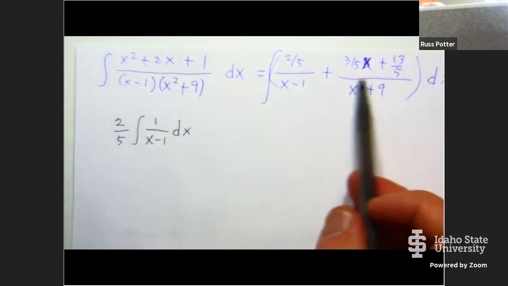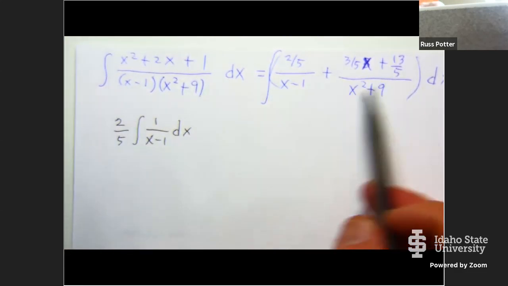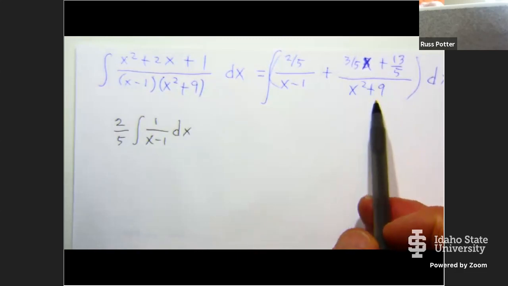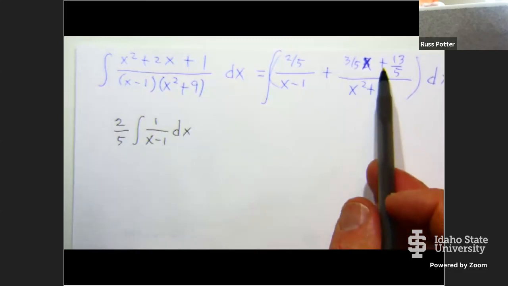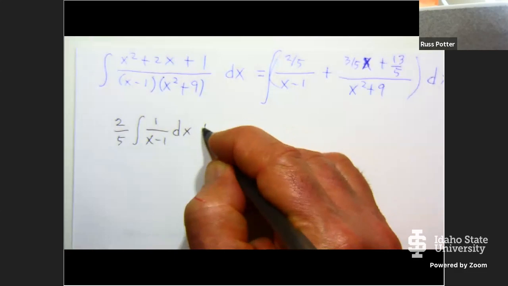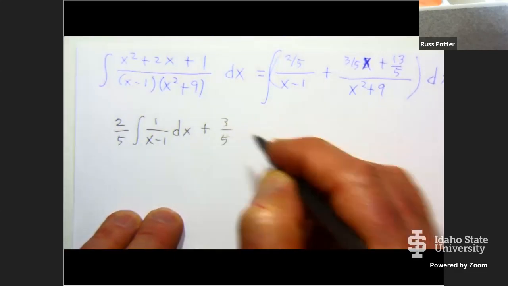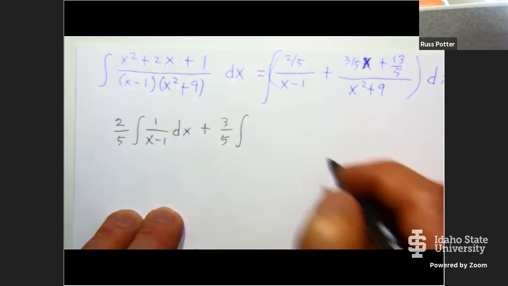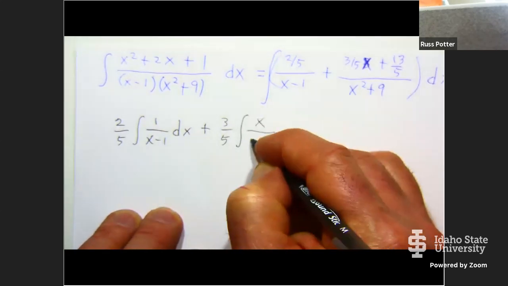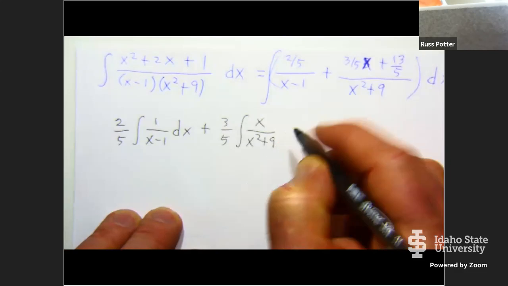Then for the other one, I'm going to write two separate indefinite integrals that are added. So one is plus 3/5 times the indefinite integral of x over x squared plus 9 dx.